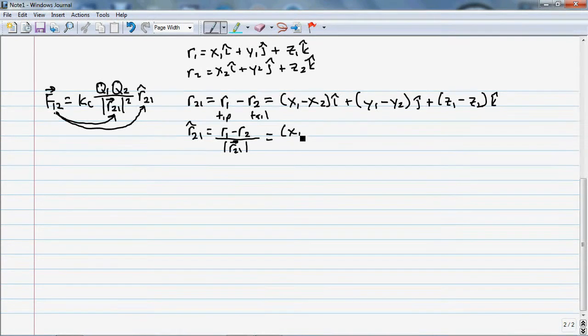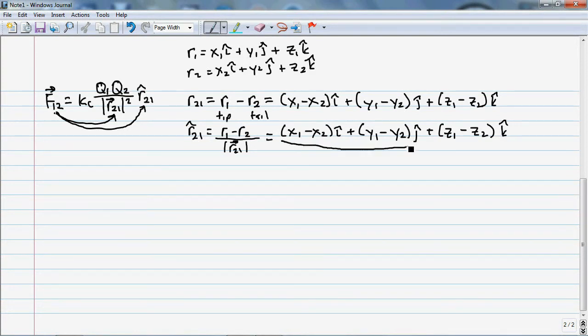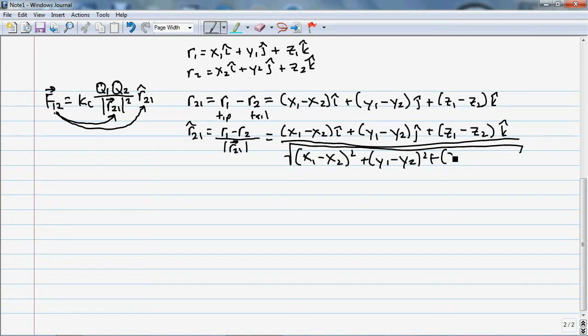That's just going to be x1 minus x2 i hat plus y1 minus y2 j hat plus z1 minus z2 k hat over the distance formula in 3 dimensions, the square root of x1 minus x2 squared plus y1 minus y2 squared plus z1 minus z2 squared.